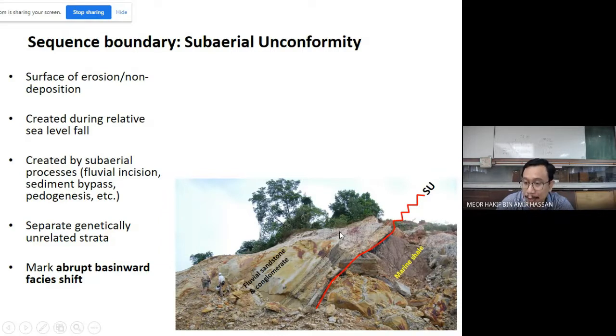So once you get that, that is going to be a subaerial unconformity interpreted, and also a sequence boundary. Okay. So in this case, you have marine shale at the bottom and fluvial sandstones conglomerates at the top. And this has been interpreted as a very important unconformity in Borneo.